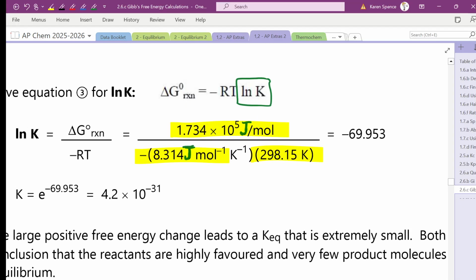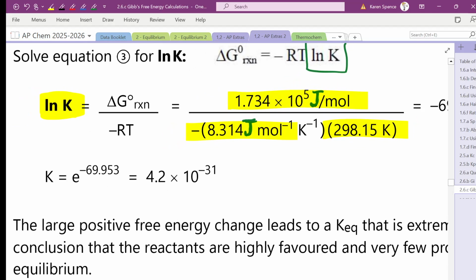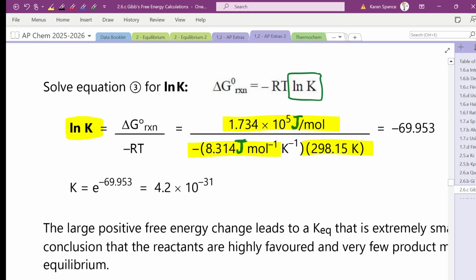It is negative 69.95, and that is the natural log of K. Do you guys remember how to unnatural log something? Yeah, you use the shift button, which ends up being the E to the X button. So you would just use your E to the X button, and you would check with your sig figs.